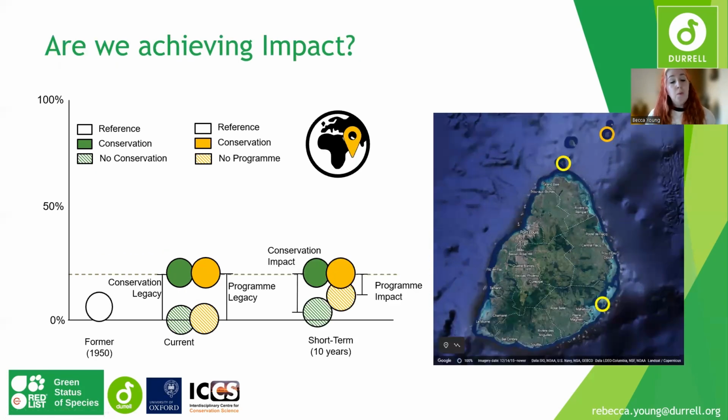We can also look at what we might expect to achieve in 10 years' time. So thinking again of a future scenario where we stopped all conservation, we see this quite heavy decline. When we look at the programme, if we see a future scenario where we stop the programme, so we stop all of the work on Round Island, we see the potential decline in this species.